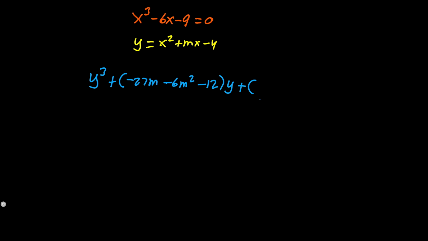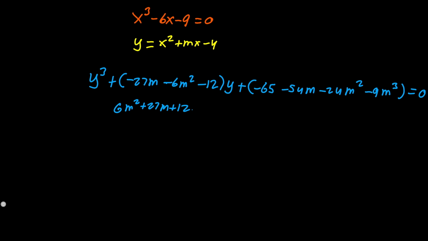And then the constants, which is going to be negative 65 minus 54m minus 24m squared and minus 9m cubed. And that is equal to 0. So here we simply just have to solve for m and eliminate the y term again. So it is going to be 6m squared plus 27m plus 12 is equal to 0. The reason we changed the sign is mainly because we divided by negative 1.